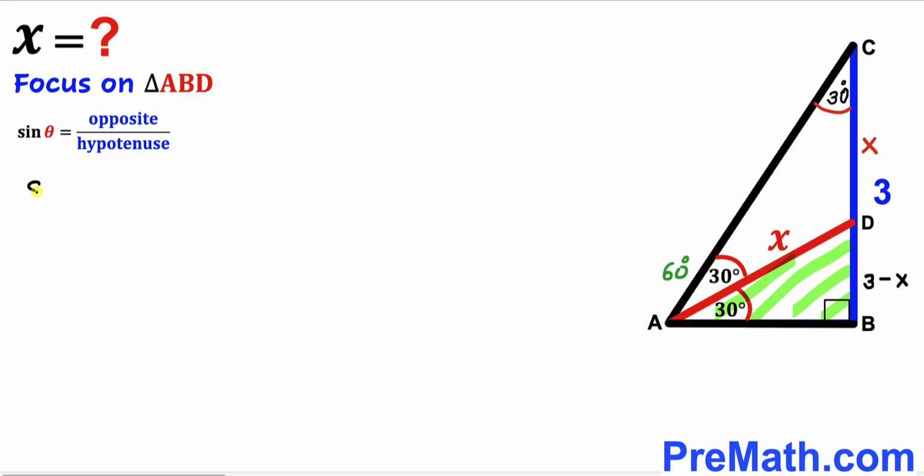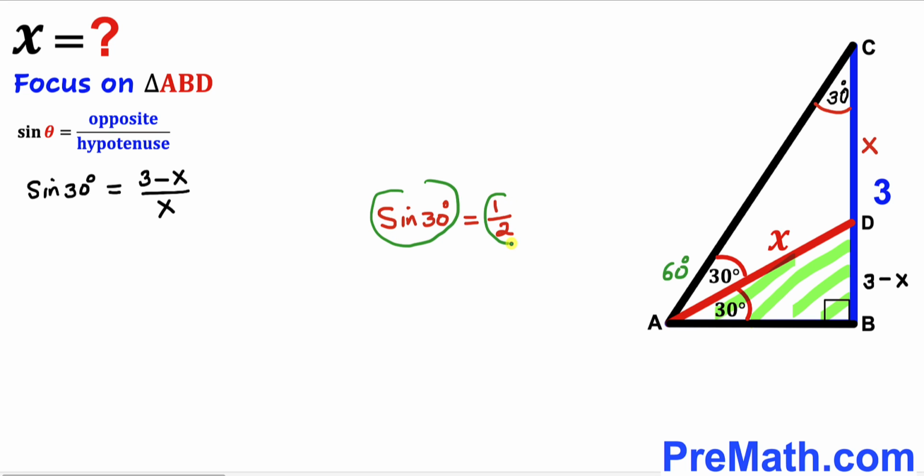So we can write sine of 30 degrees is equal to 3 minus x divided by x. We know that sine of 30 degrees is simply 1 divided by 2, so 1 divided by 2 equals 3 minus x divided by x.